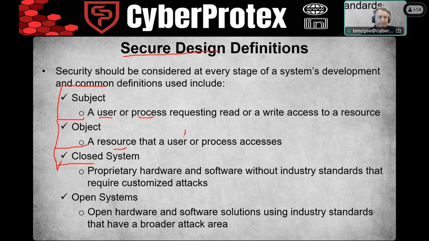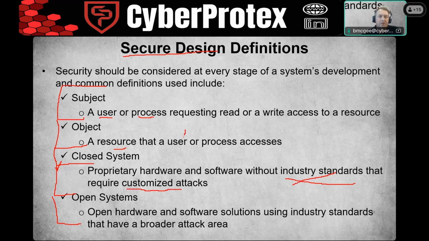A closed system, an open system, and there is a difference between these two, the closed system and an open system, right? With the closed system, the industrial standards are usually proprietary, and that typically allows the bad guys to customize their payloads for attacking.